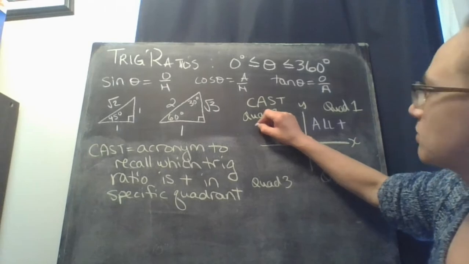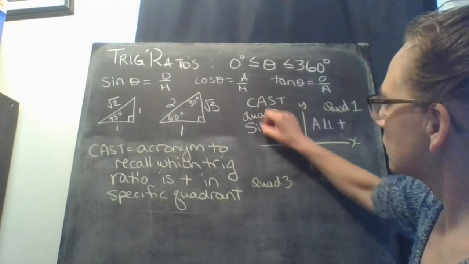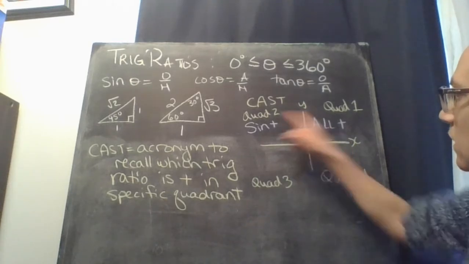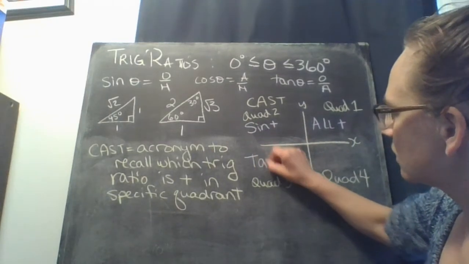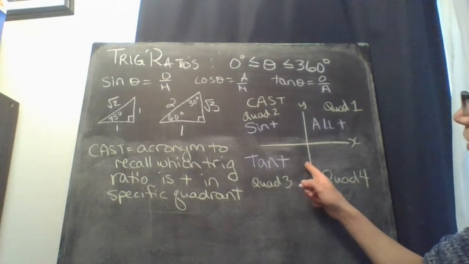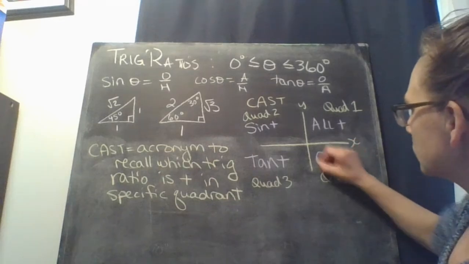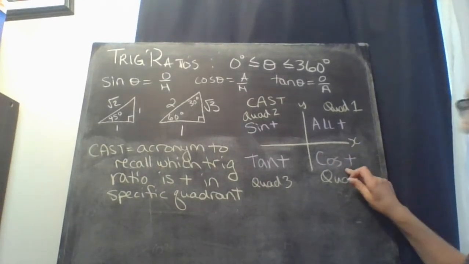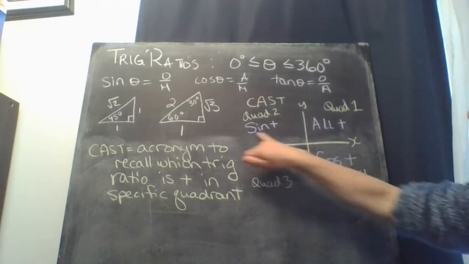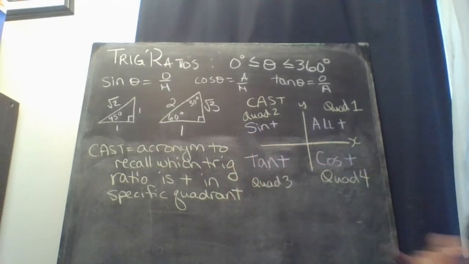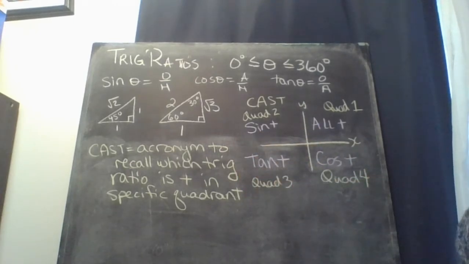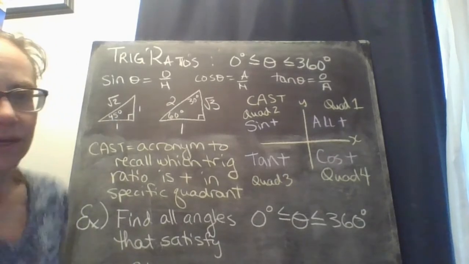Sine is positive over here, but that's the only one that's positive. The other ones are negative. Tan is positive in that quadrant, but sine and cos are negative. And who's left? Cos is positive in this quadrant. The other two are negative. So that gives me my CAST, C-A-S-T. Or if you're local, all students go to the Sudbury Theater Center. Cool, eh?